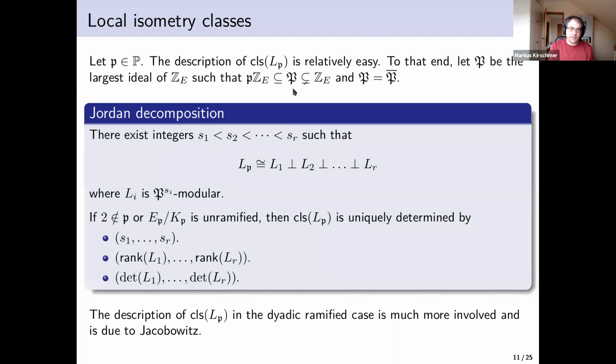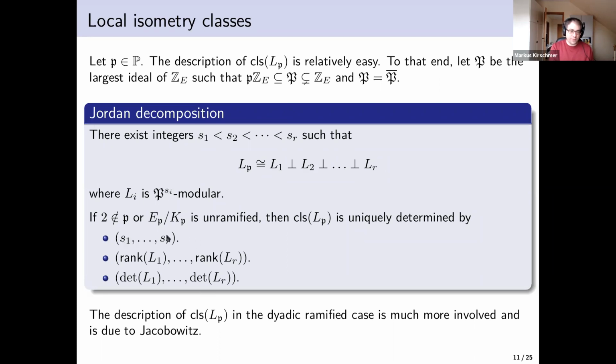And now, once you fix the notation, the completion of L at P admits an orthogonal decomposition into smaller lattices, where each component is P^{s_i}-modular for some ascending chain of numbers s_i.